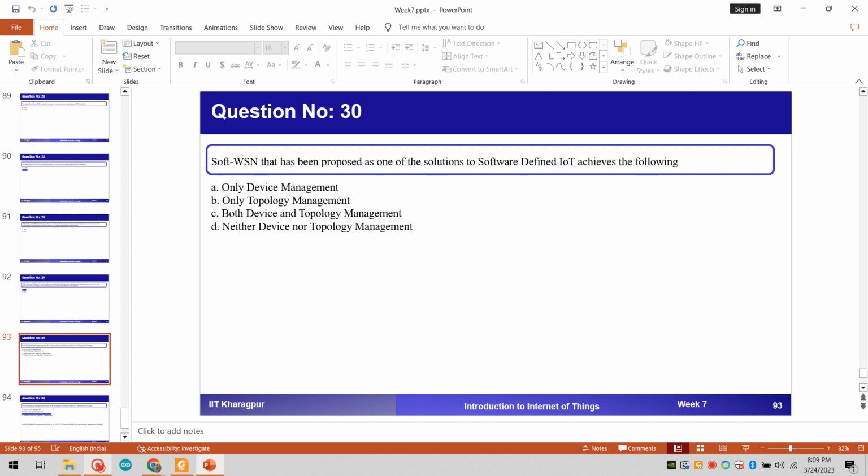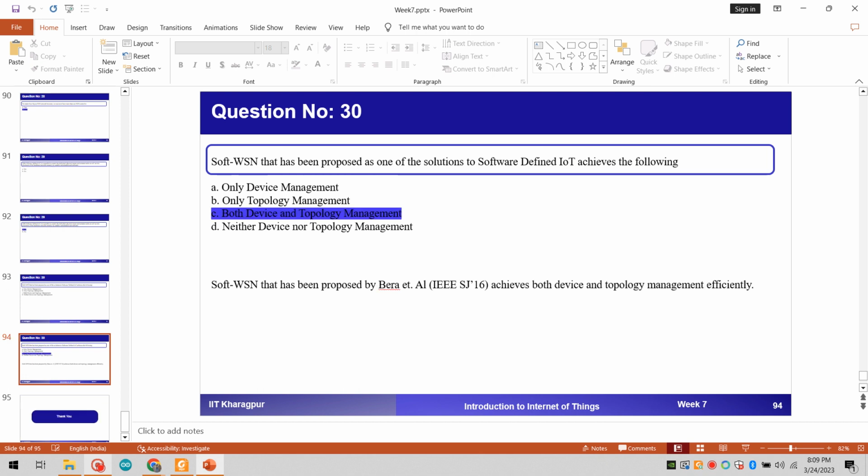So the correct option for this is both device and topology management. So SoftWSN was proposed in order to manage both devices and topologies. You can follow this paper in order to get more idea about SoftWSN.